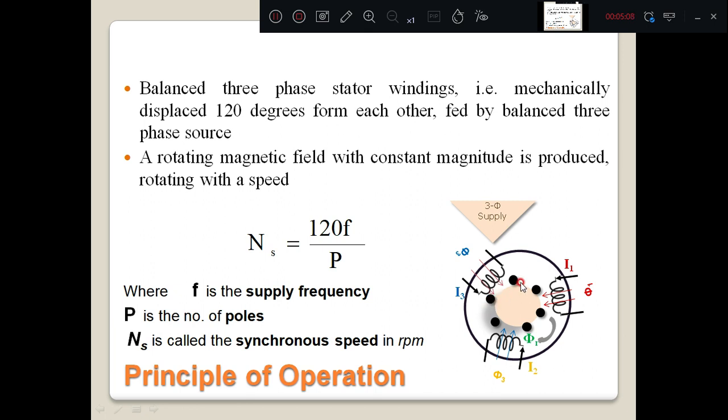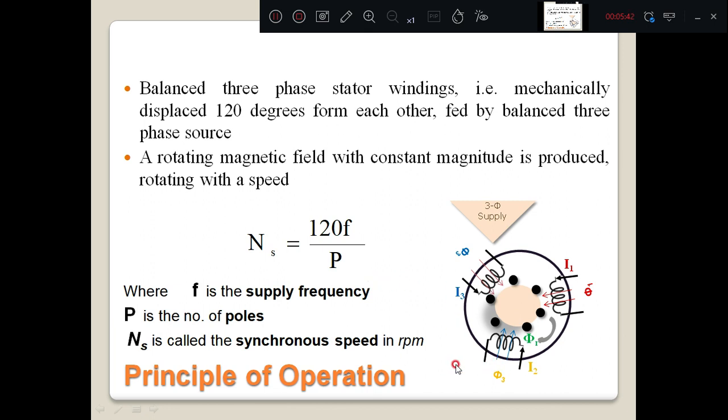Then the current is flowing in the rotor conductors, and there is a flux by all the three windings. Then the current carrying conductor is placed under a magnetic field. Because of that, a force is exerted on this rotor conductor, thereby the rotor starts rotating, thereby you are getting a mechanical energy. That is, the electrical energy you are giving to the stator through the three-phase supply is converted into mechanical energy in the form of a rotation.